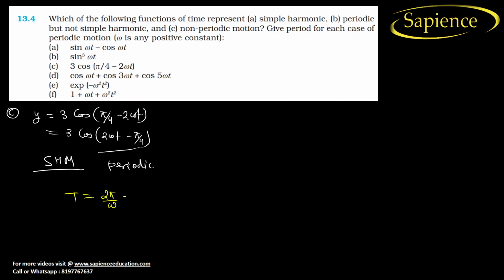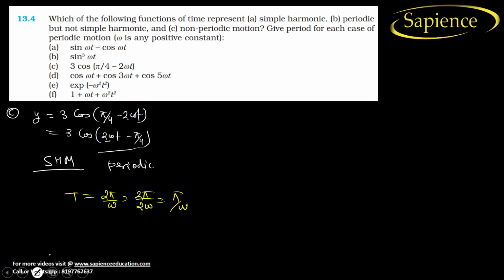But here in place of omega, we have 2 omega. So 2 pi by 2 omega, so this will be pi by omega. This will be the time period. Okay, so I hope you have understood now.